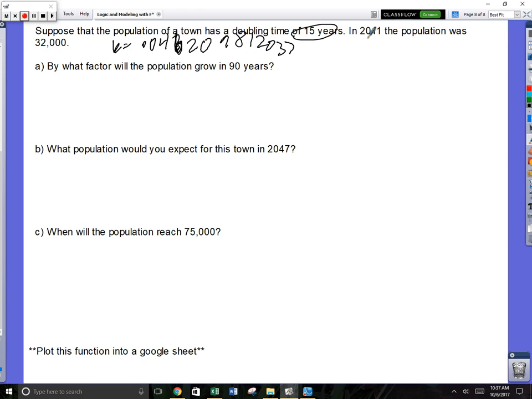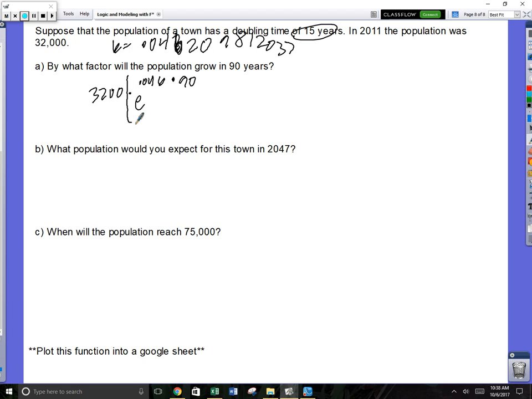Alright, so by what factor will the population grow in 90 years? I'm going to take this initial value and call 2011 the beginning, time 0. So 32 grand is my initial, times e to the 0.046 and so on times 90 years. They really want to know what factor you're going to times the population by in 90 years.